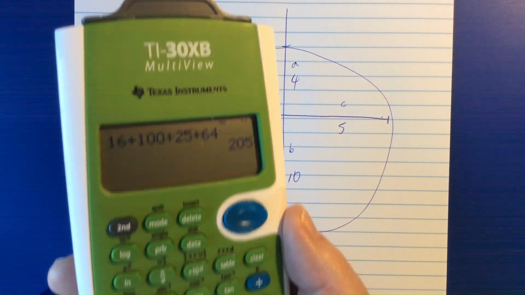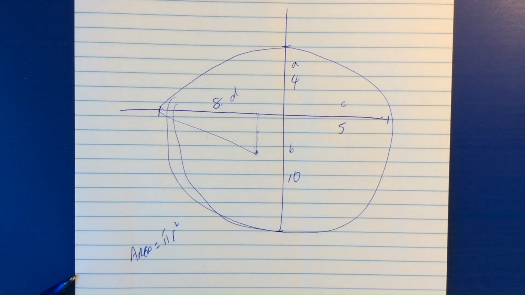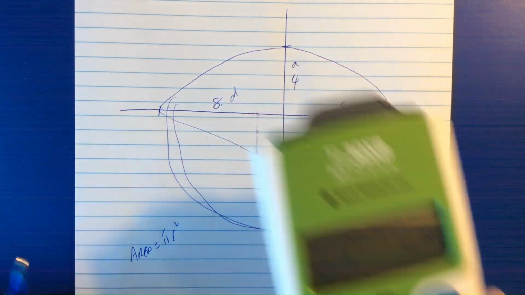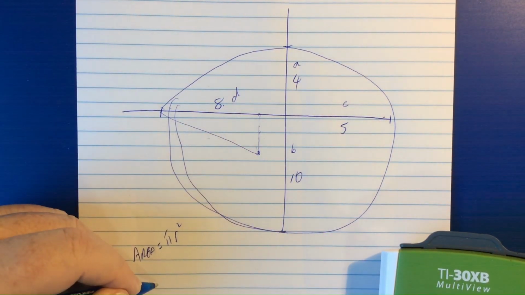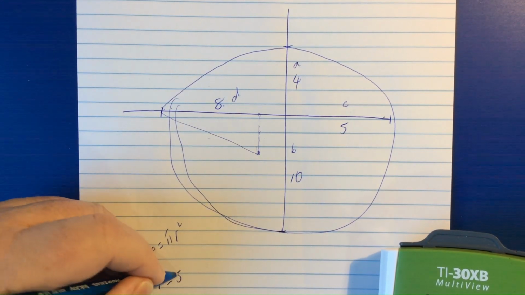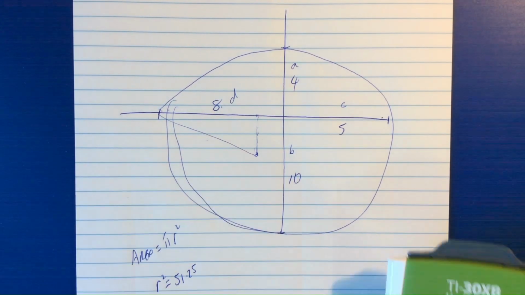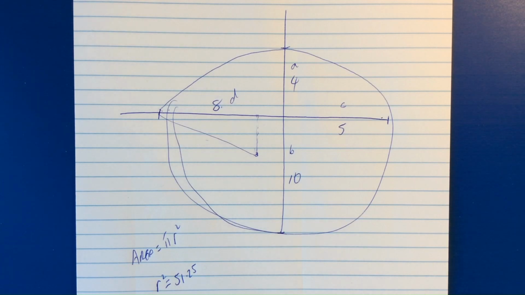There we are. Divide that by 4, and we get 51.25. So r squared equals 51.25. Those of you familiar with my previous video will recognize this number. It's the number that I got for r squared in the last video using the triangle method.